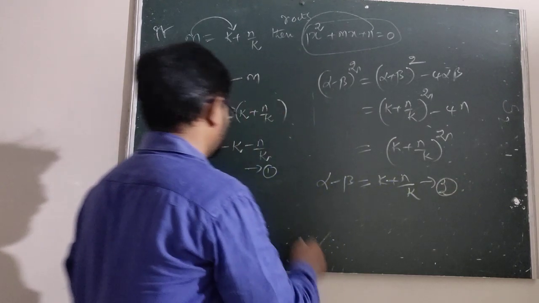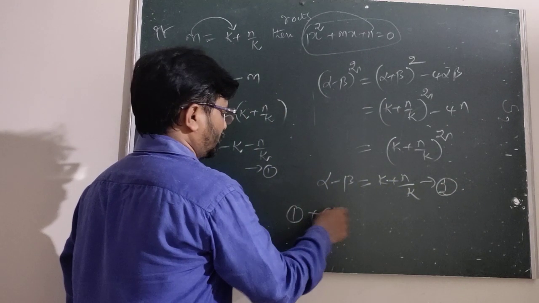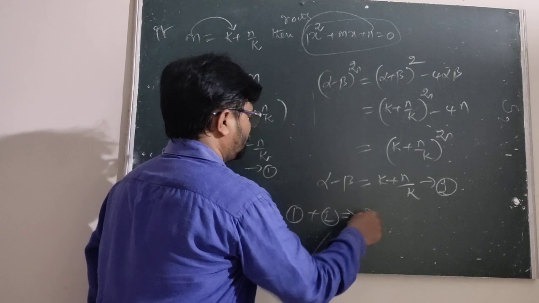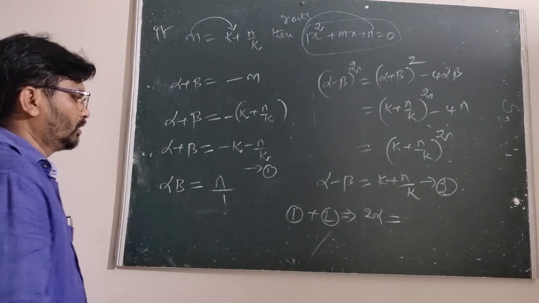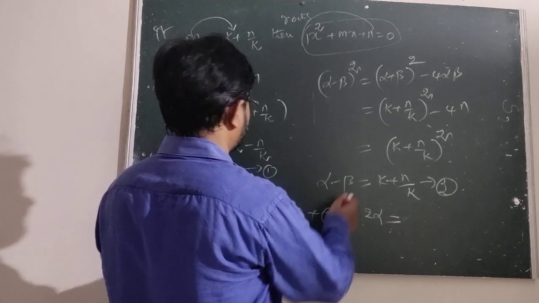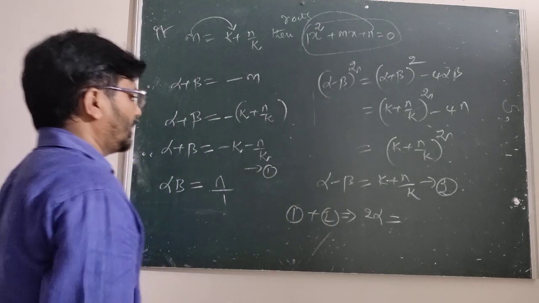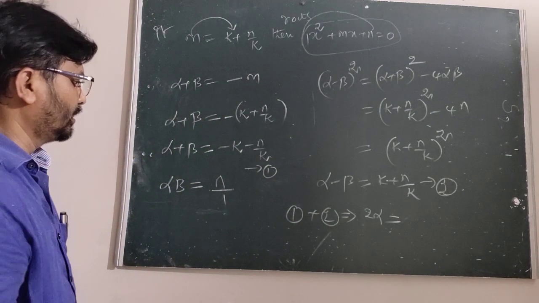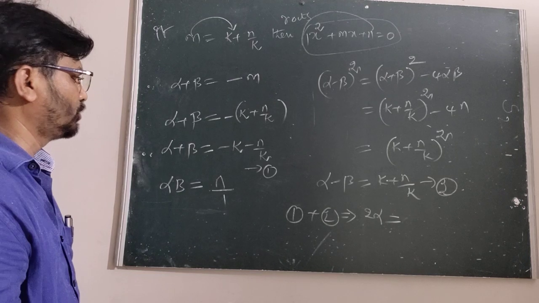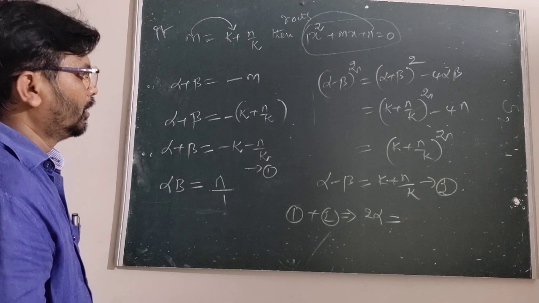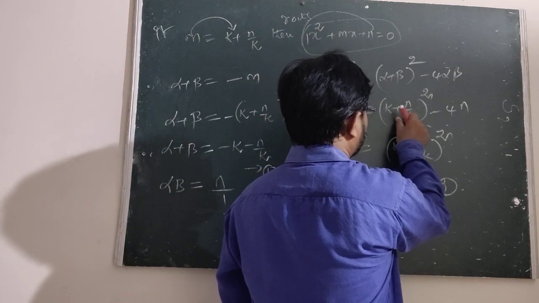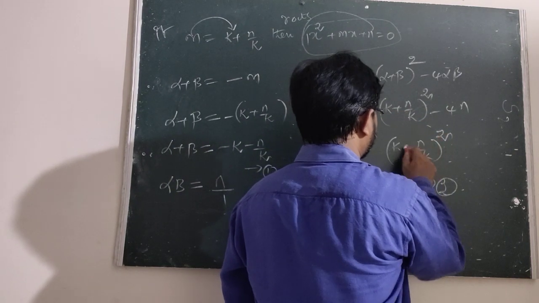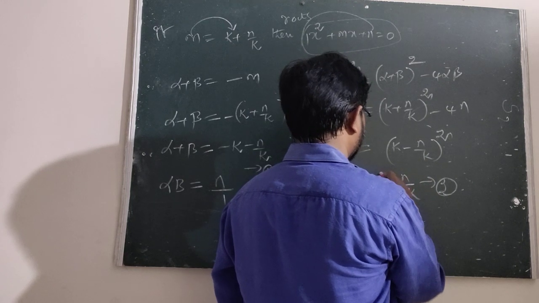Solving these two equations, 1 plus 2, that implies 2 alpha. Here you observe adding these two, these two are cancelled. Now alpha plus alpha is 2 alpha. Now a plus b whole square minus 4ab is a minus b whole square.